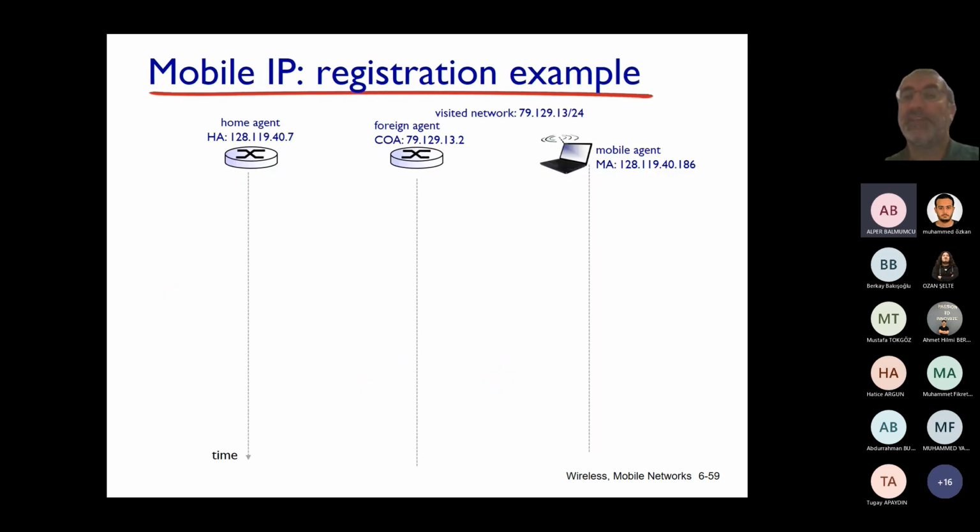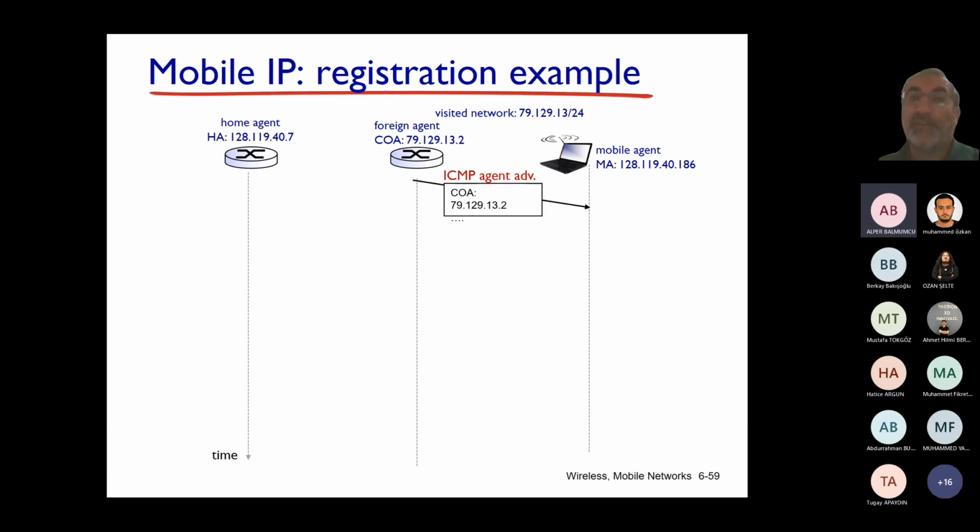Let's look at the registration mechanism in mobile IP. Each of them has their own IP address, as you see: home agent, home address, care of address, and mobile address.